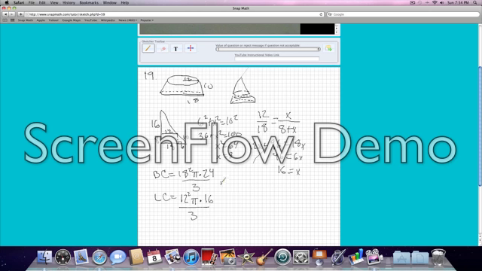Now if you plug these into your calculator, this will equal 2592 pi. We're just going to do it in pi right now, and then at the end we'll put it into our calculator in decimal form.